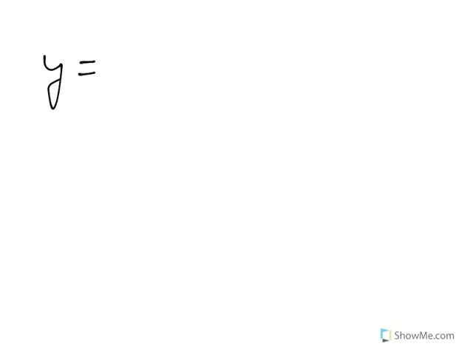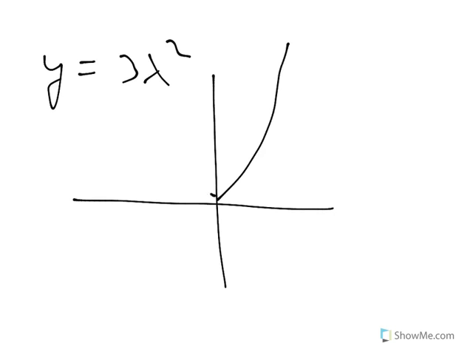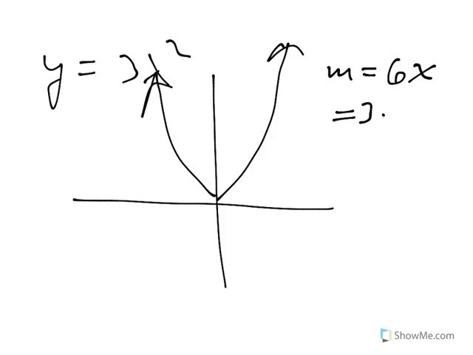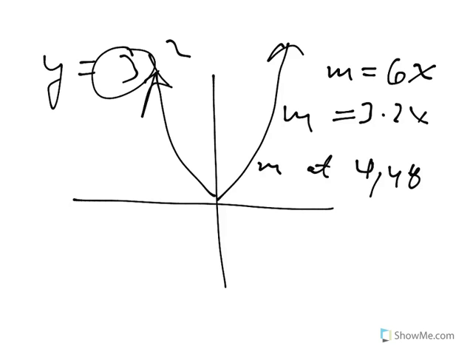What if there's some kind of coefficient in front of it? Well, the slope's going to be higher now, and it turns out that the slope in this case will be 6x, or you could even think of it as 3 times 2x. So it was 2x when there was no coefficient here. It's 3 times 2x when there is a coefficient here. So the slope at 4, 48, which is way up here, you can just plug the 4 in to become 24.